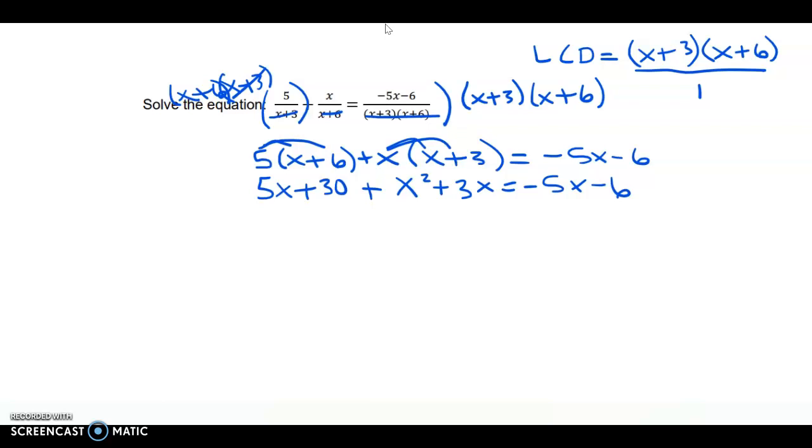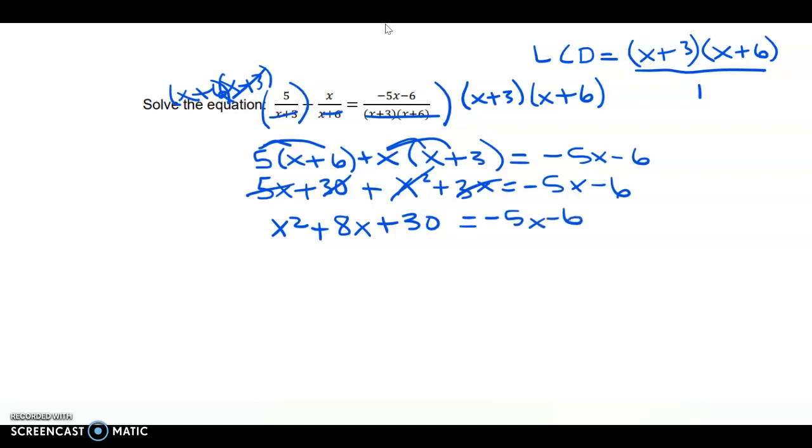So I'll just make sure whatever sign is in front of each term stays. So I'll have x squared first. I have a positive 5x plus 3x gives me plus 8x plus 30. If this is a part you get lost easily, you might even cross it out after you've done that part, and then you can see, oh, we got them all.